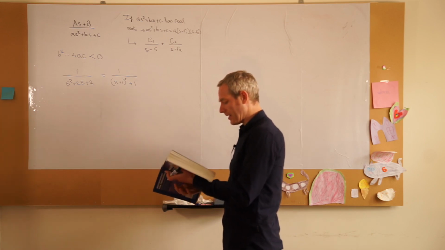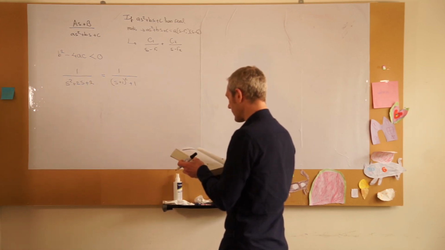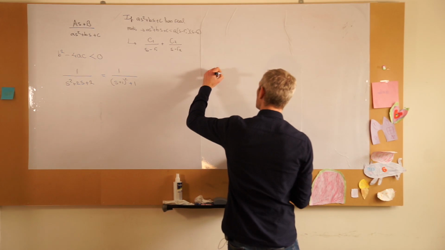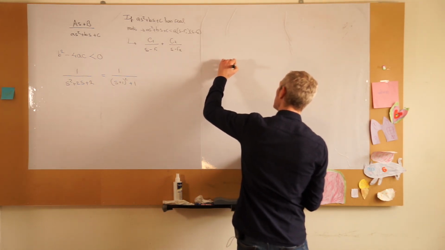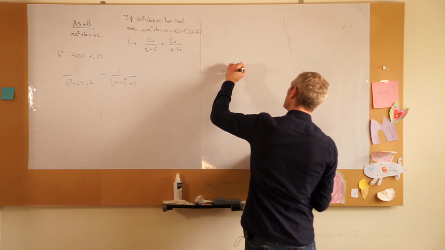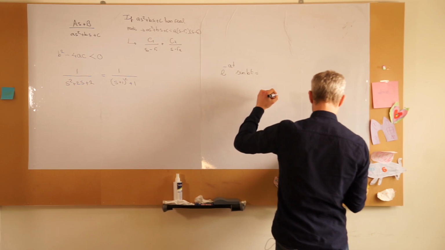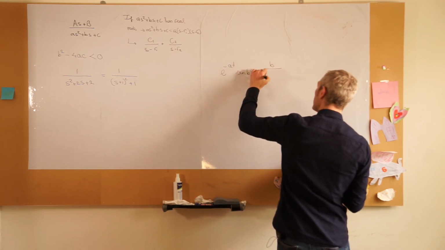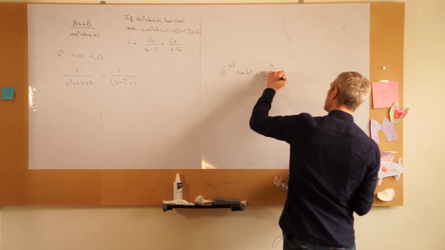Yes, if we look at different Laplace transforms, but in particular those for e to the power minus at times sine of bt, we will see that this ends up being b over (s plus a) squared plus b squared.